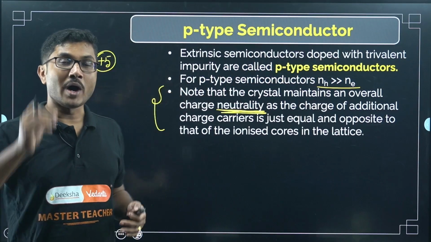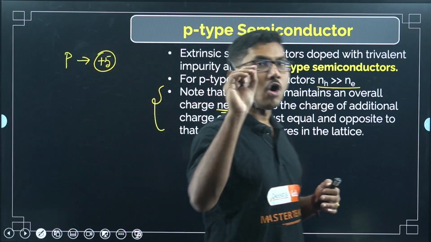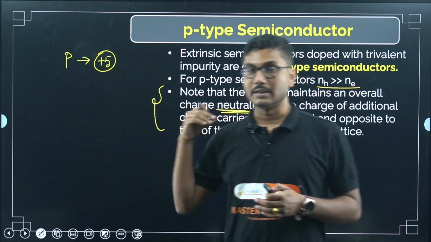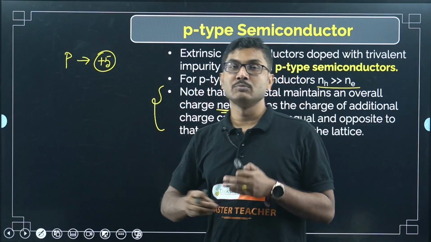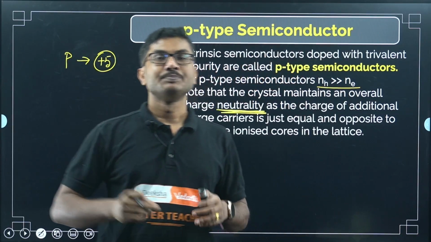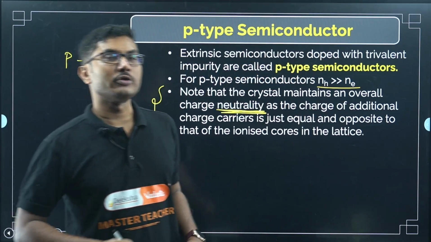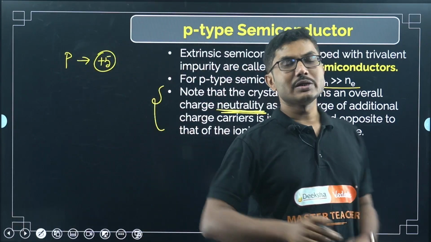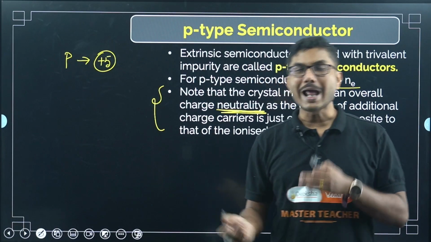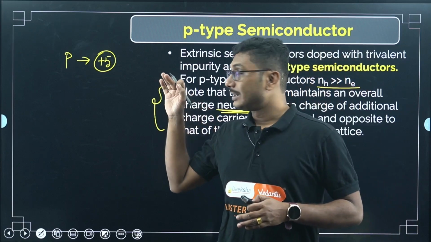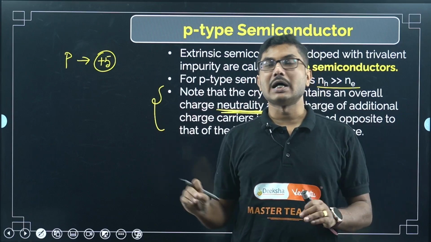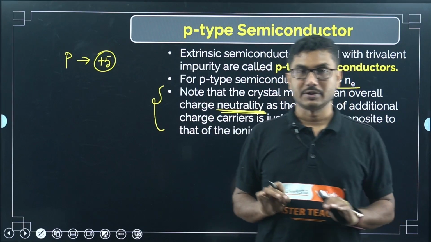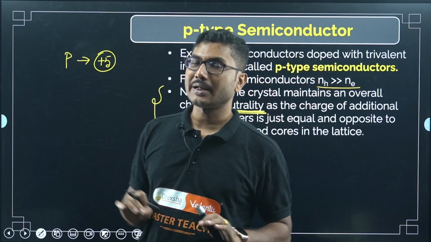So even though one electron is coming out of the outer orbit, that is, from the valence band, one electron is moving to the conduction band, the total positive charge is still equal to the total negative charge. The numbers of holes and electrons are different, but total positive charge is equal to total negative charge always, in extrinsic semiconductor as well.